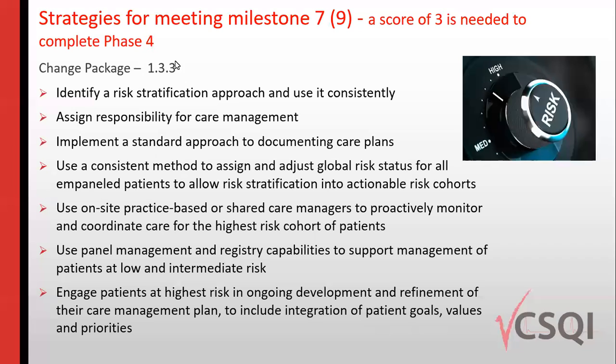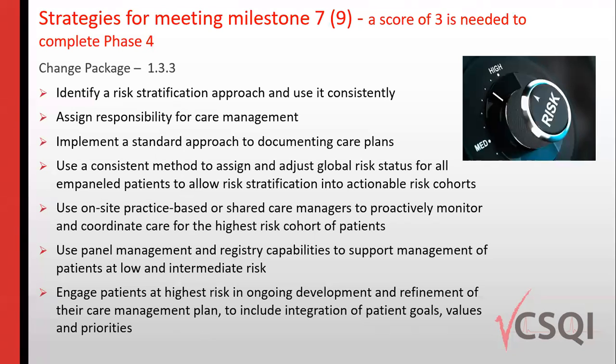So here, in the Change Package tab 1.3.3, all these various strategies are offered to you as a way to help meet this milestone. It doesn't mean you have to do all of them, but you want to look at the ones that will help you address the specifics of a phase 3, of a score of 3.